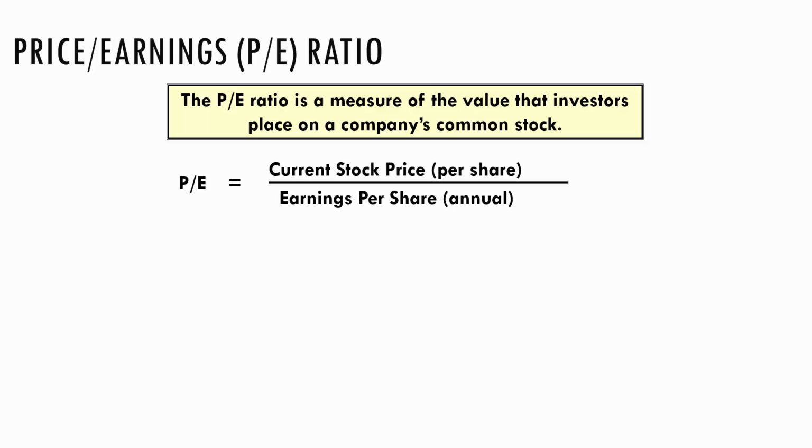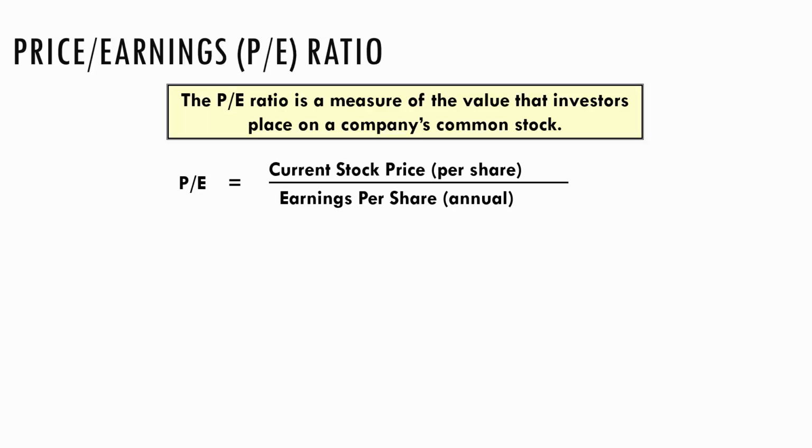So it's often referred to as a multiple. And my general rule as an investor is if I can see this value at 10 or under, then that stock is pretty cheap. If I see it getting up to 20, then I can consider that stock price to be very high, probably overpriced.